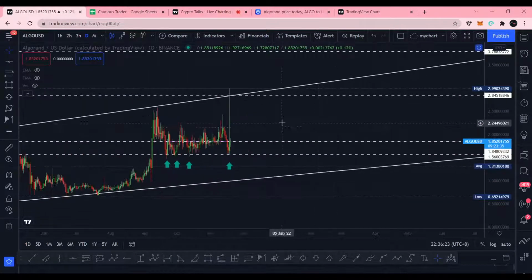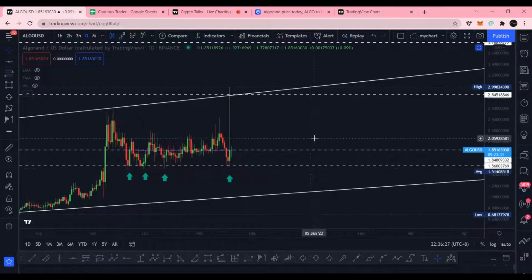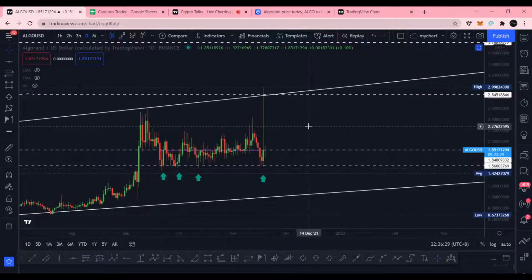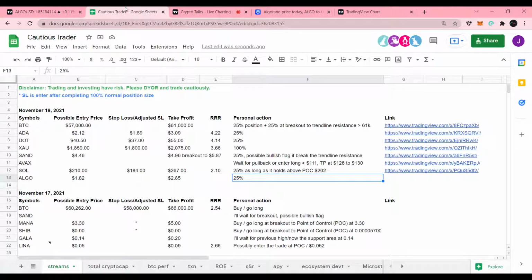Though sometimes I got stopped out too early. I mean, it closed my position too early at the gain. But I think it's already part of my plan to really adjust the stop loss. So it depends, of course, on your trading plan. 25% of normal position size.